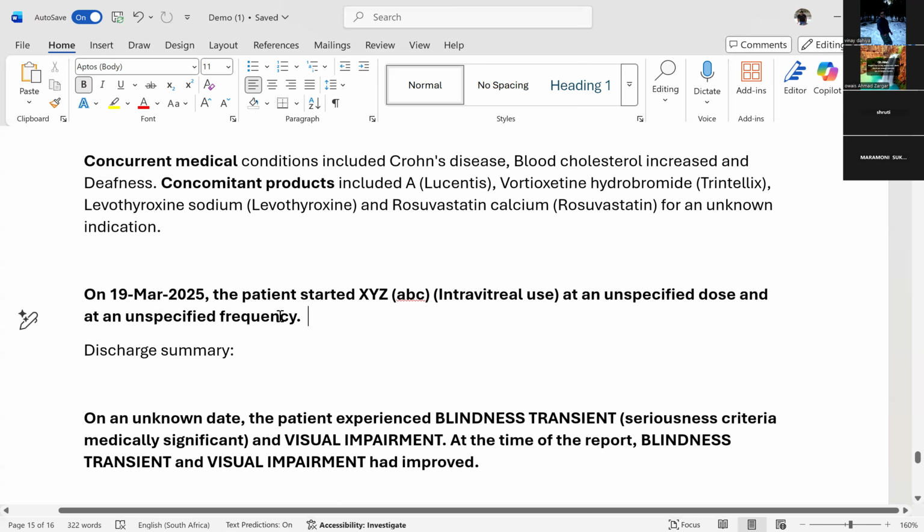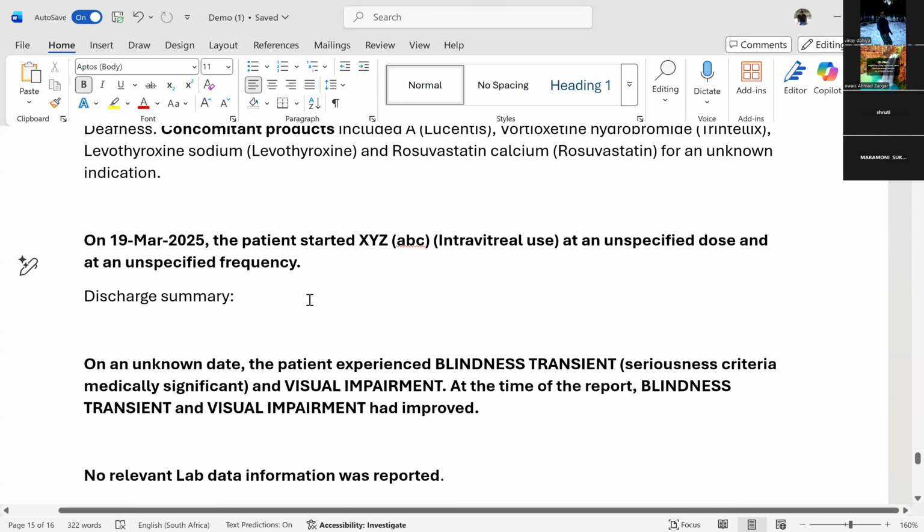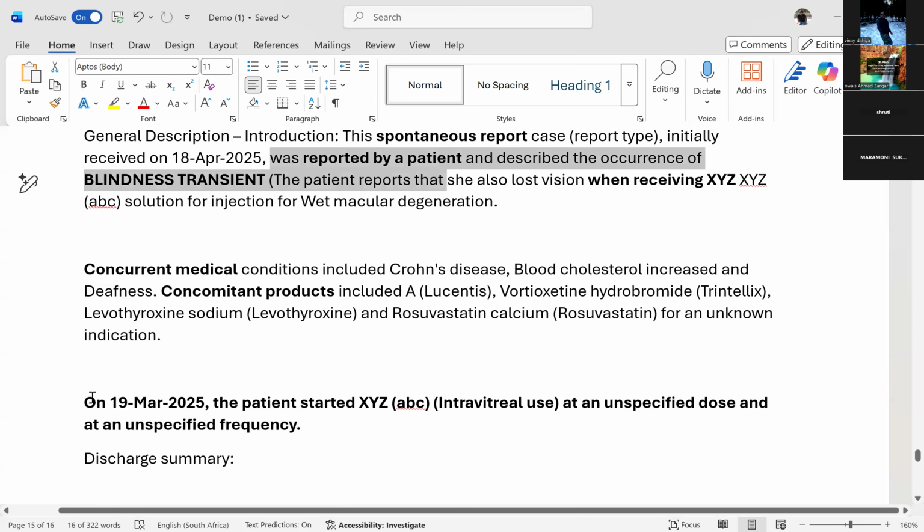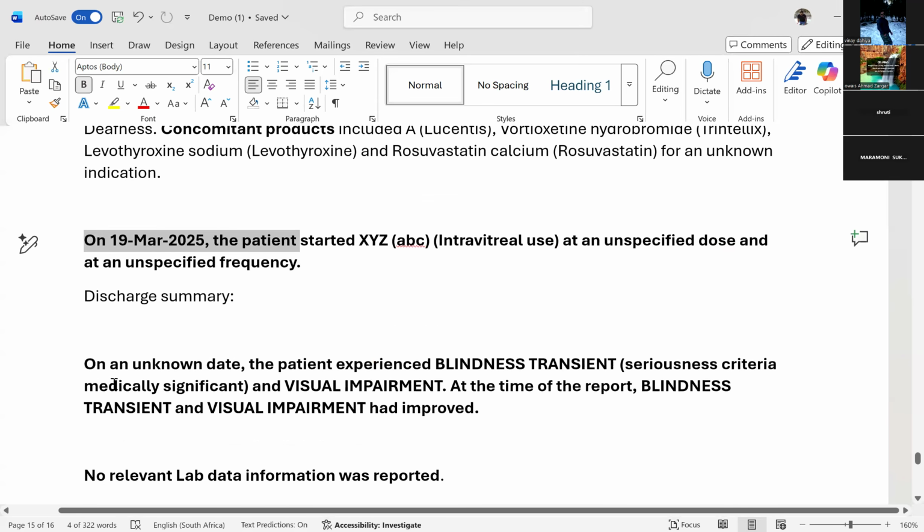And after taking the drug, the summary will include what happened. Like I told you, who, what he took, when.